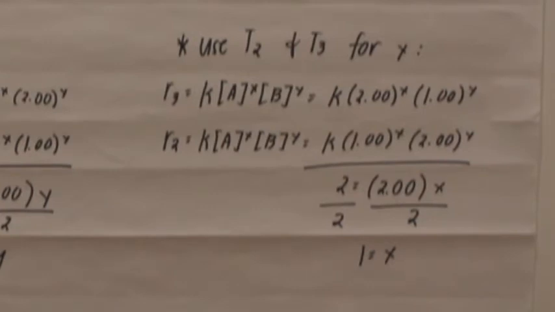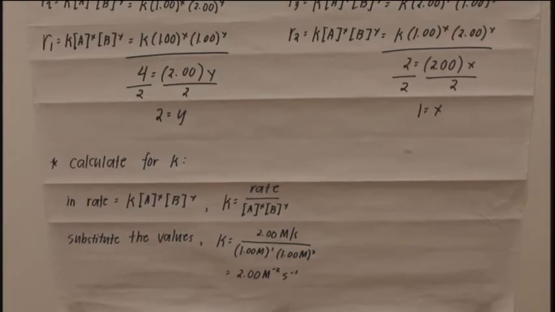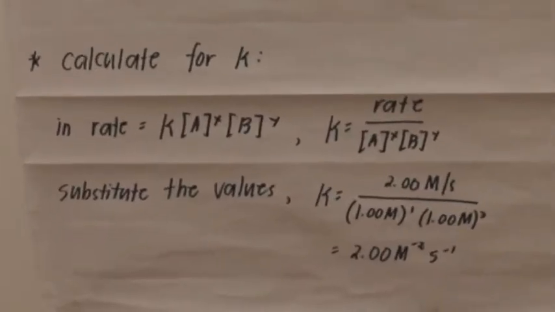Next is the order of x. Using the process of how we got the order of reaction for y, we're going to use trial 2 and trial 3. Using their respective rate law expressions, we get the order of reaction for x, that is 1. In order for us to calculate the value for the constant, we're going to derive its formula using the general form of the rate law expression.